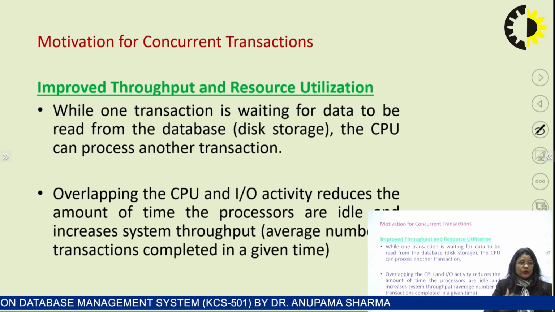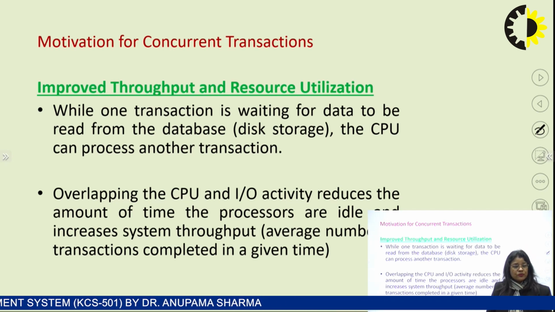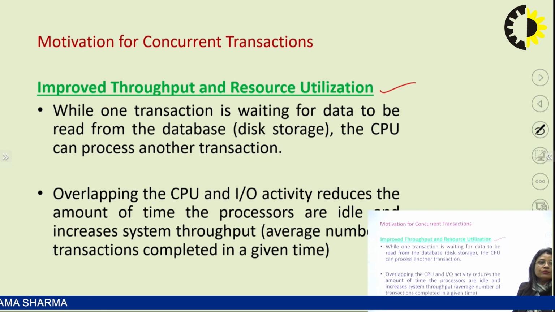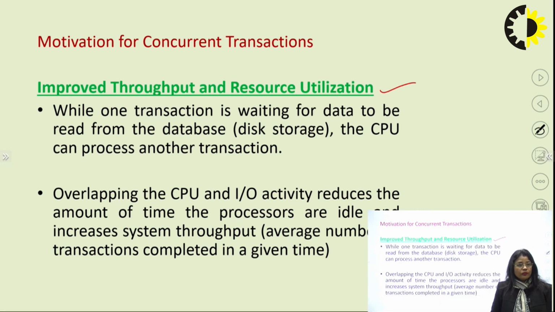First of all, we need to understand the motivation behind concurrent transactions. One is to improve performance, right? Improving throughput and resource utilization is one of the major reasons to have concurrent transactions. While one transaction is waiting for data to be read from the database, the CPU can process another transaction.